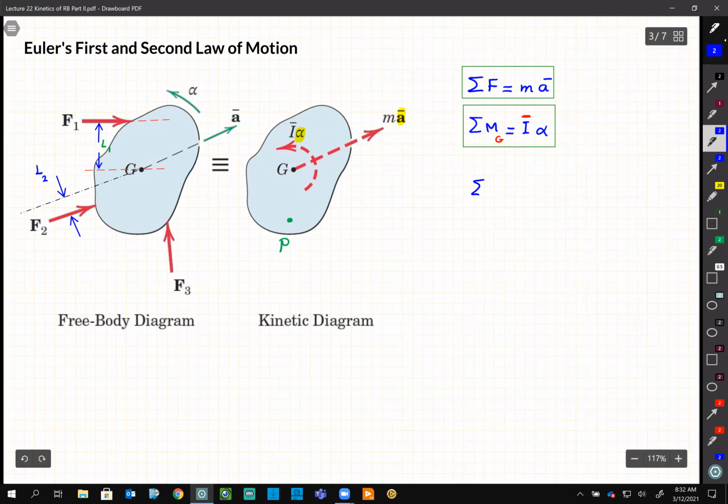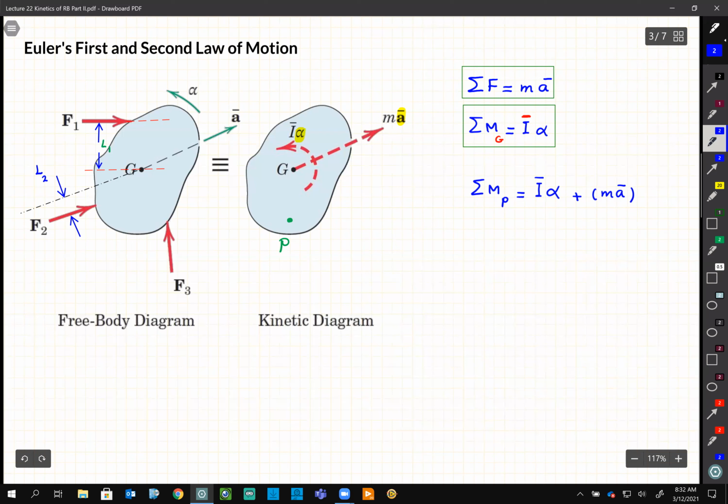You just take the moment about point P. But you need to be careful. The moment about point P, the first part stays the same, so I bar alpha. There is another extra term here, and that extra term is M A bar.